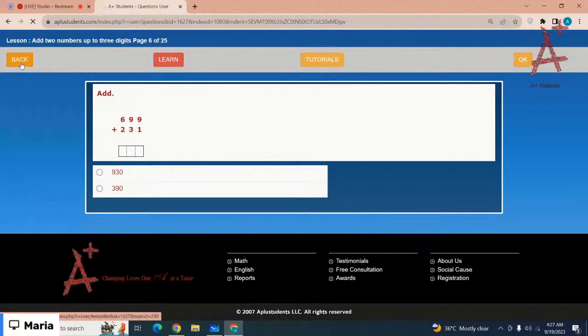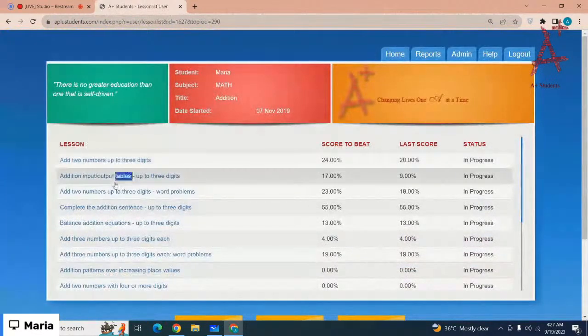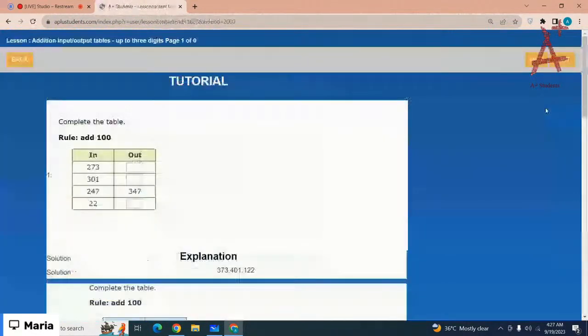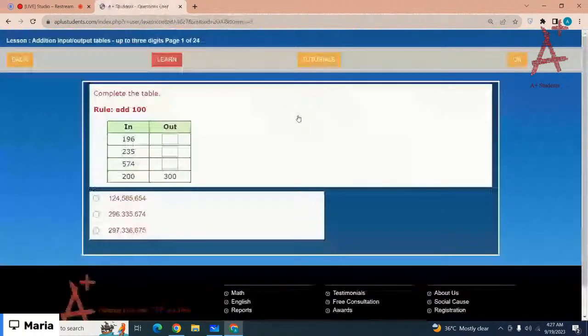And the next lesson is addition input output tables up to 3 digits. So we already know what the input output table is, right? And also we have done examples, you know how to complete the input output table. Complete the table. You have to add 100.